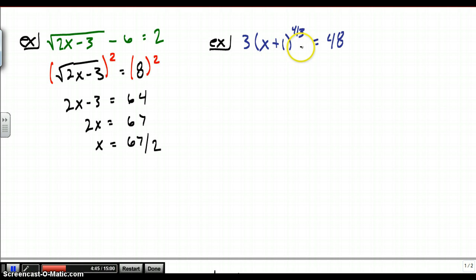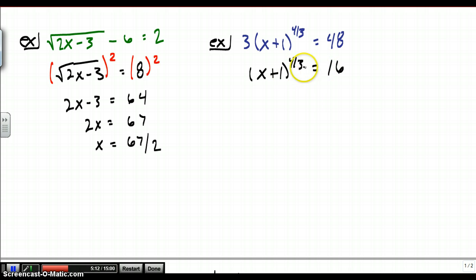And keep it going. Again, I want to get this whole quantity by itself. Each time when I'm solving these problems, I want to get these quantities by themselves. So the first thing I want to do is divide both sides by 3. So x plus 1 to the 4/3 power equals 48 divided by 3. Well, 48 divided by 3 is 16.